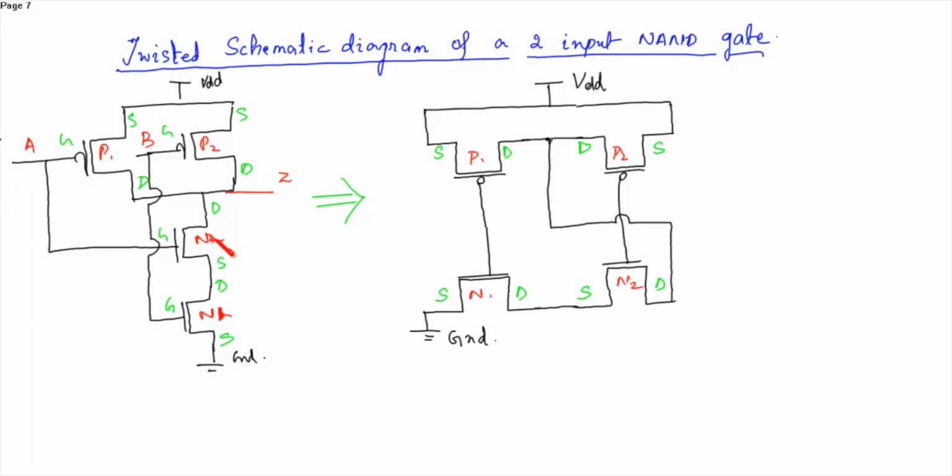Okay, if I make it N1 and this should actually be N2, then you have to make some changes over here accordingly. So when I take this as N2 and this as N1, there will be just a change over here.